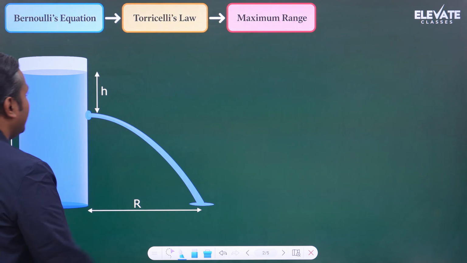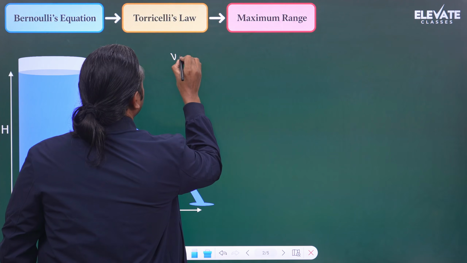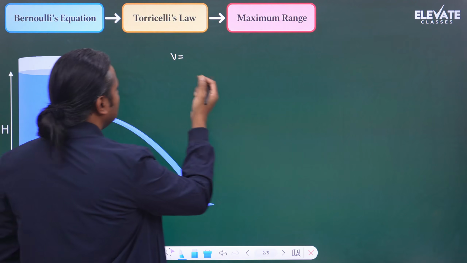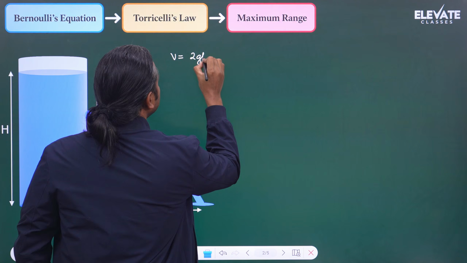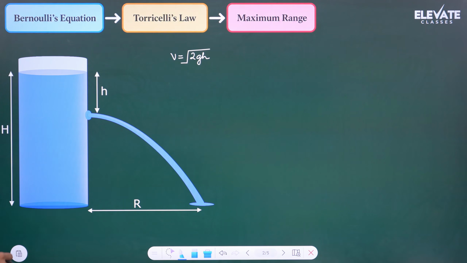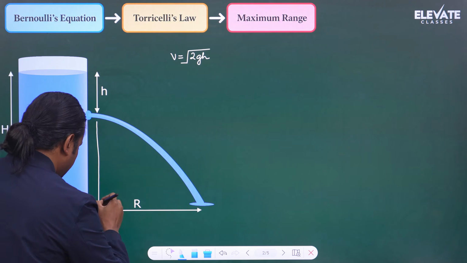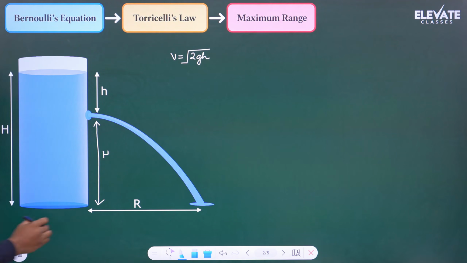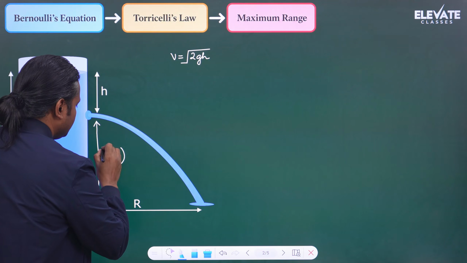If I have a particle or a column of water or a unit of fluid having speed root 2gh, then I'm interested in calculating how much time it takes to go from here to here. What is this distance? This is the height of the water tank minus small h, right?